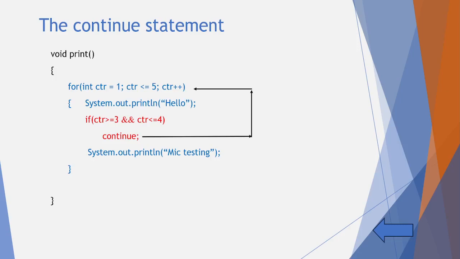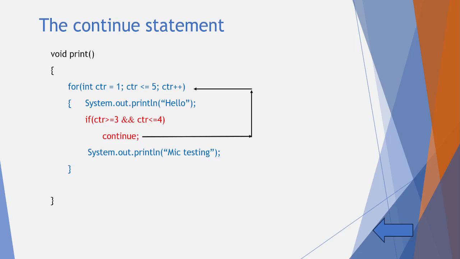This particular loop should work 5 times and one statement is hello, second statement is mic testing. But if control variable CTR is greater than or equal to 3 and less than or equal to 4, continue means the control is transferred back to the for loop.